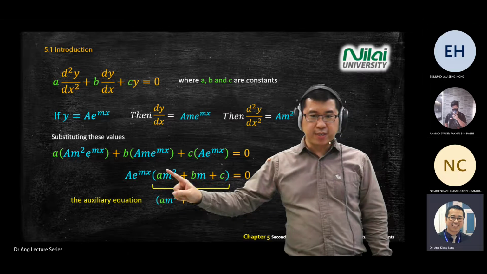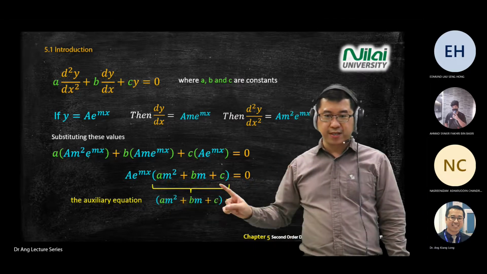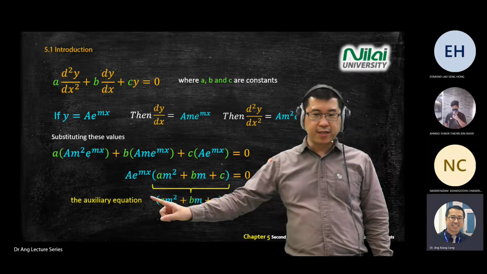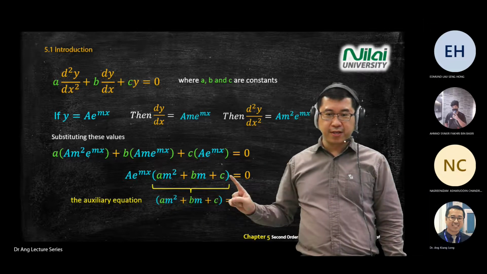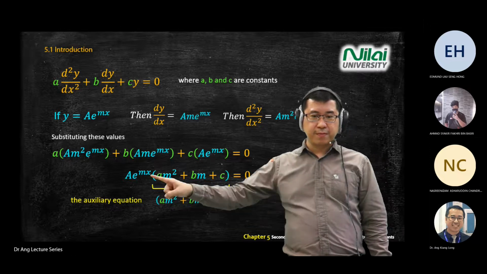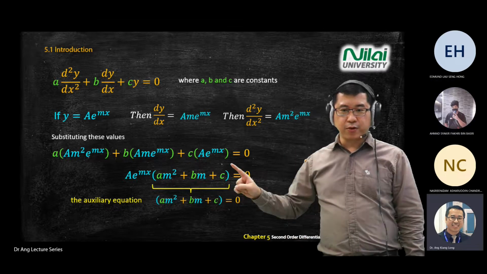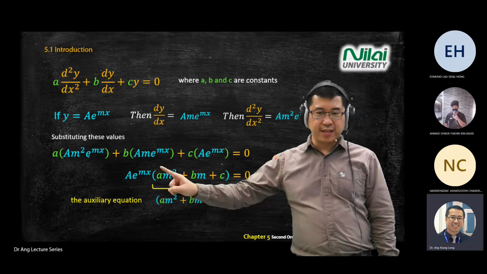Then this one is what equation? Linear equation, quadratic equation, polynomial equation. Shakil, what is this type of equation? Nizam? What type of equation you have here? This one, the one that I circled.